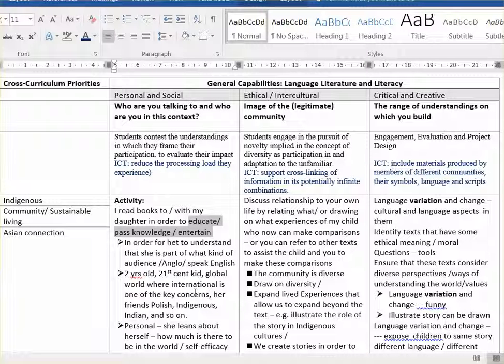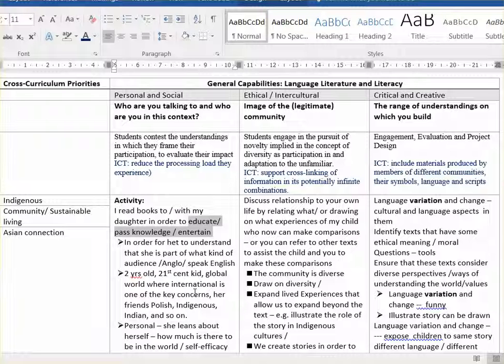If we were to look into the capability of intercultural and ethical capabilities, what kind of community are you educating your children into when you just read Anglo-Saxon books, when you do not introduce foreign alphabets, when you don't do all these expansive things? So that was a bit of a problem.